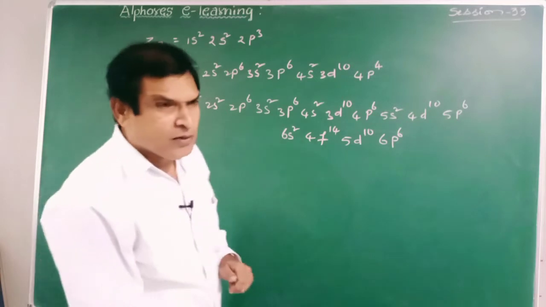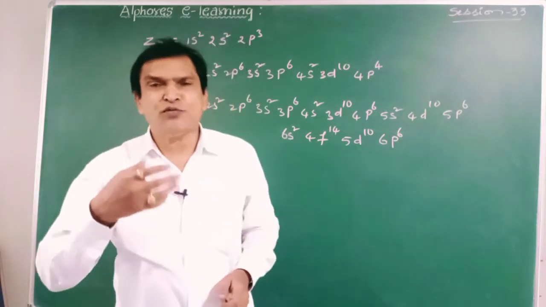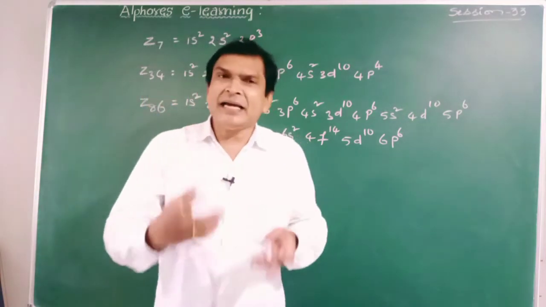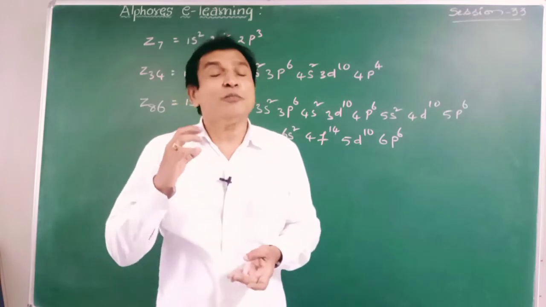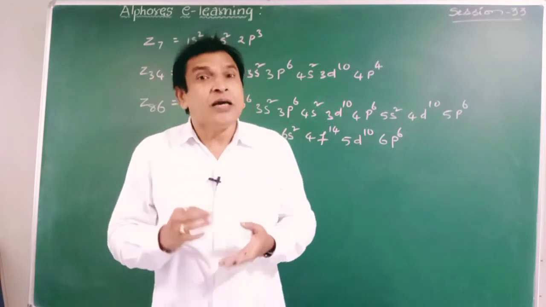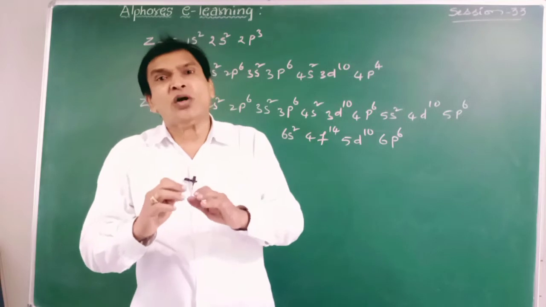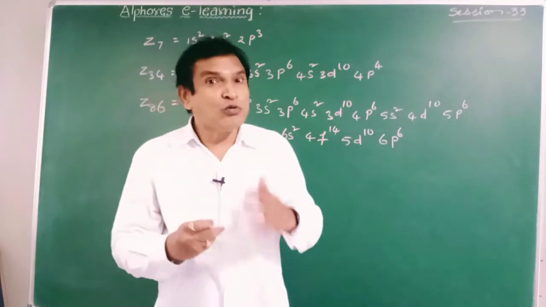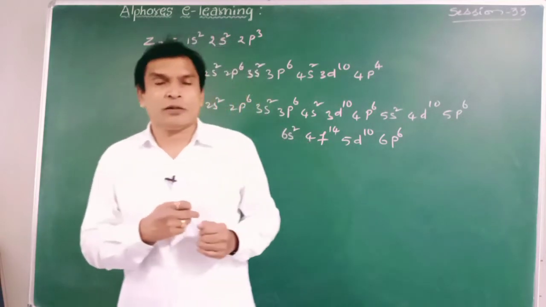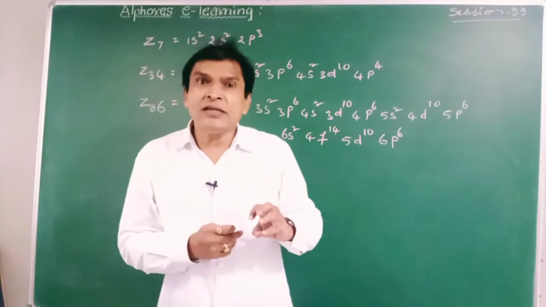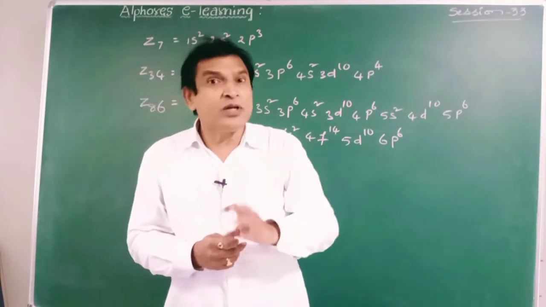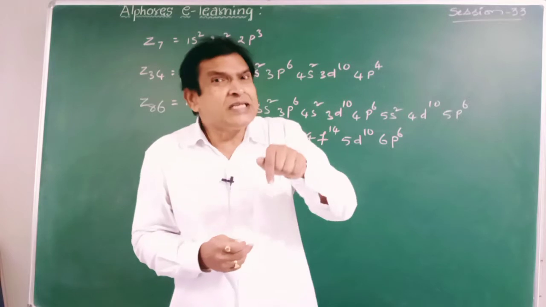Once again, what is the basic fundamental of the Aufbau principle? What idea does it give us? It explains how electrons enter which orbital. An electron always enters the atomic orbital having the least energy.